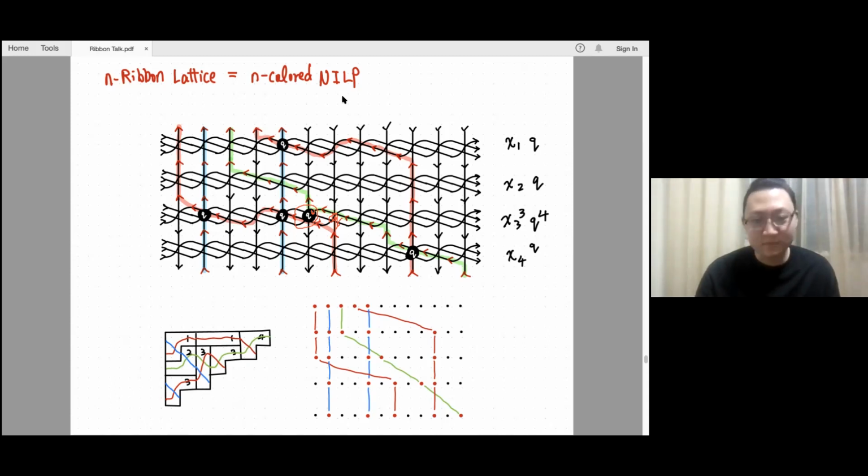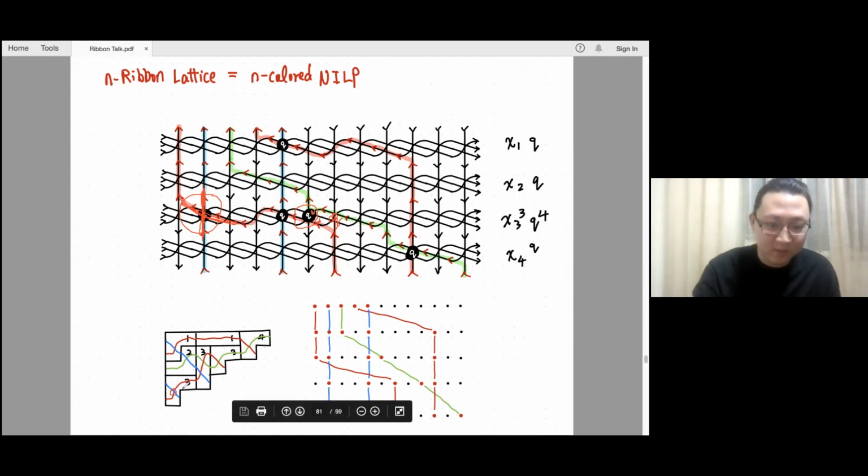Which means that this is a weight preserving bijection. So for example, in this vertex right here, there is a path moving along this blue edge, this blue path, and there's this red path going through it, and this exactly captures the intersection at this place, where the blue and the red intersect.